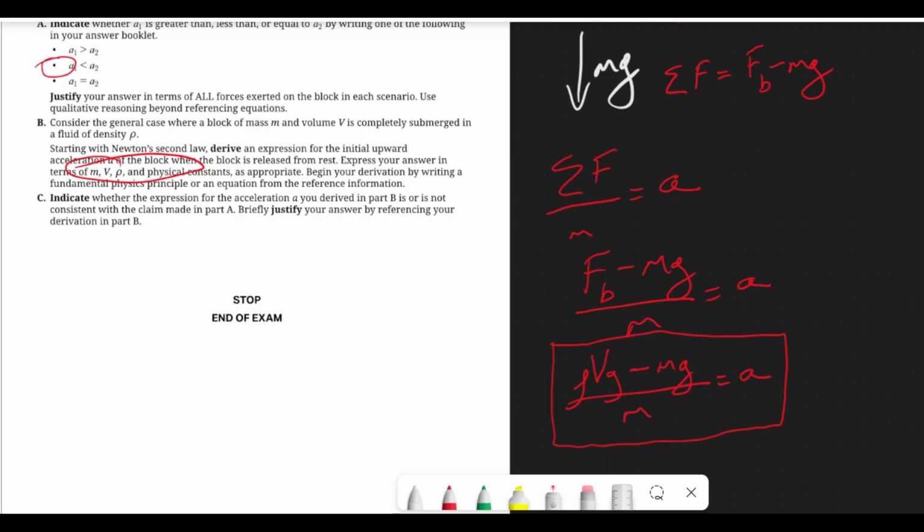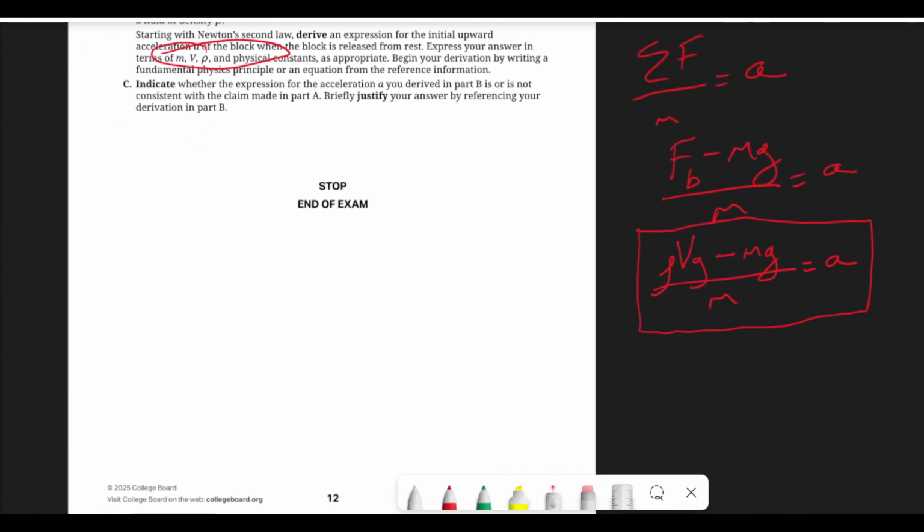Now finally, indicate whether the expression for the acceleration a you derived in part B is or is not consistent with the claim you made in part A. Briefly justify your answer by referencing the derivation in part B. So I want to be specific when I'm referring to my equation right here.